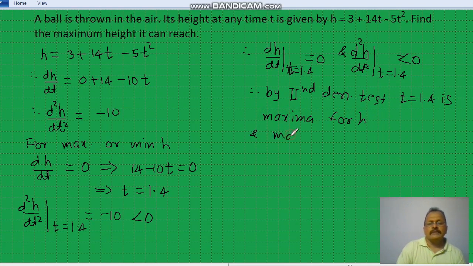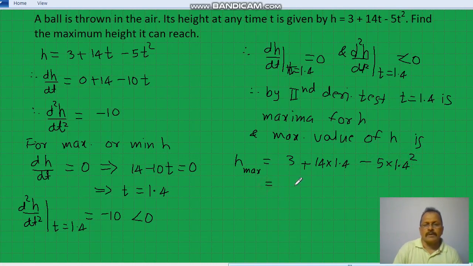and maximum value of h is h max equal to 3 plus 14 into 1.4 minus 5 into 1.4 square, equal to 3 plus 19.6 minus 5 into 1.96, it is 12.8.